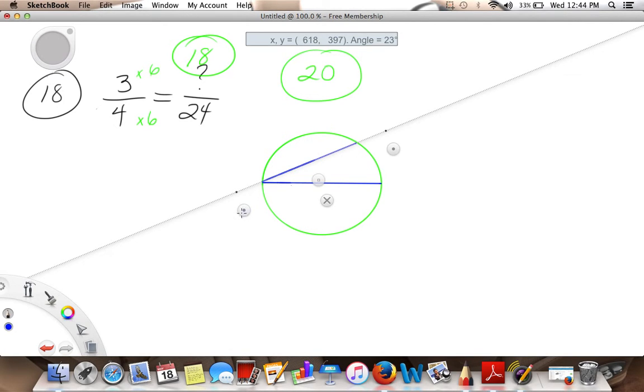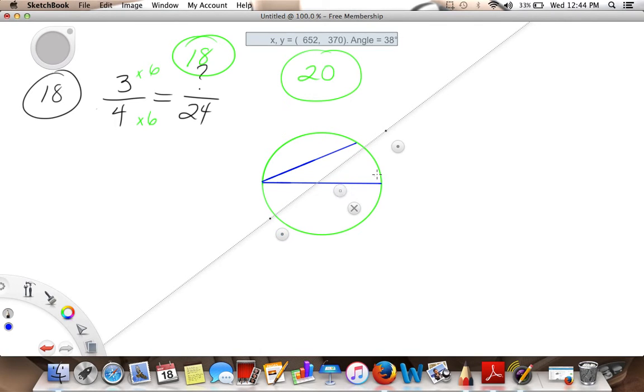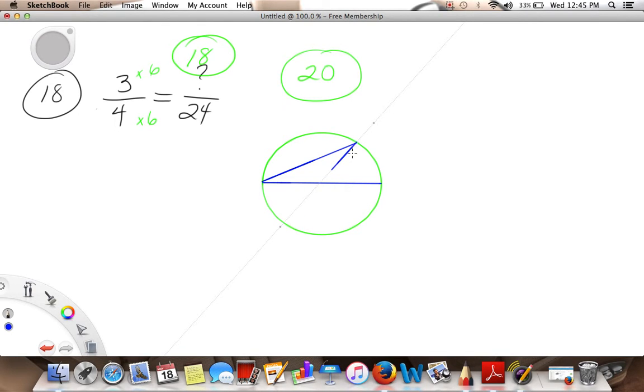And then there's another segment right here that goes right to the center of the circle, about like that. And we're going to draw that segment. And I think that's a pretty good job of getting it. So let's draw our points. We have S, we have M, we have Q, and we have R.